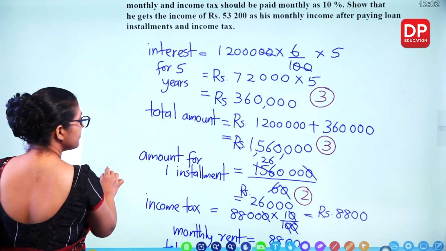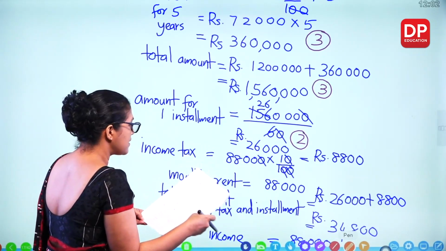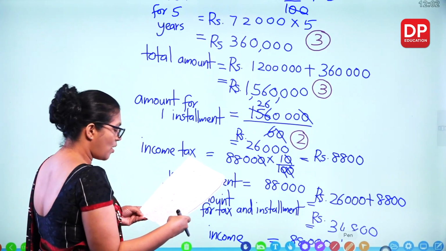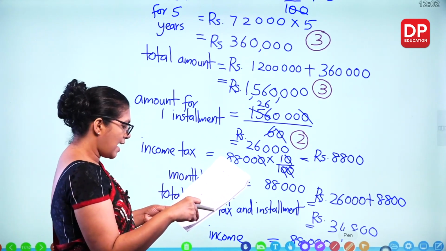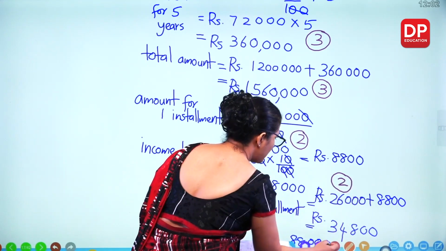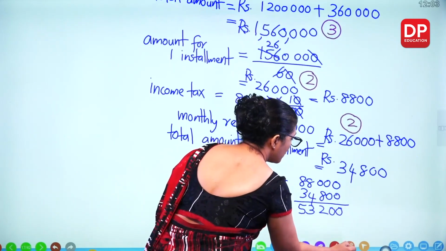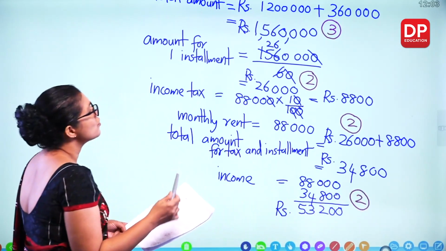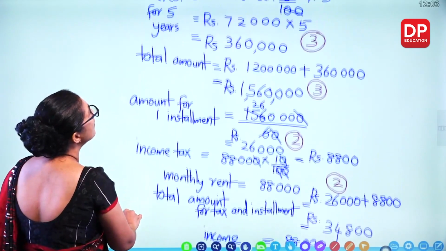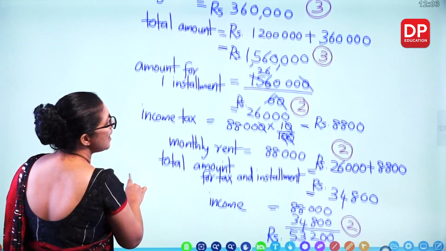And income tax and the tax value calculated. We did it the other way around. Calculated the tax and subtracted from the amount. So that's also 2 marks. And final answer, subtraction of these two, you get another 2 marks. So 2, 3, 4, 5, 6, 7, 8, 9. How many marks? 10.